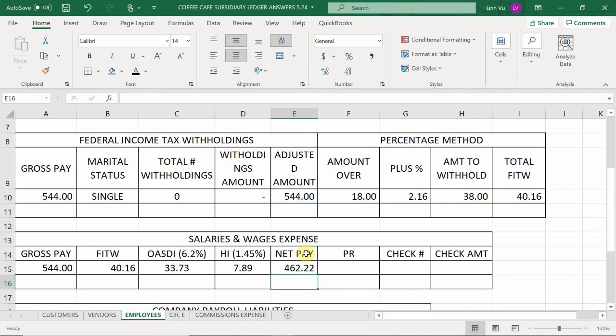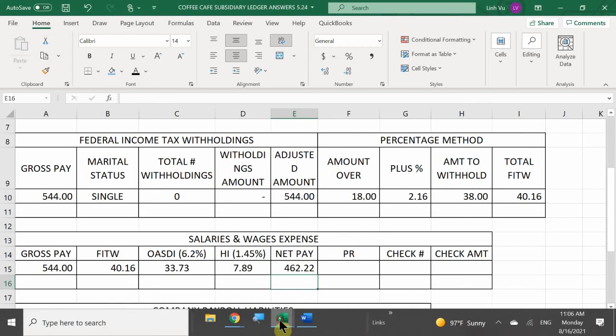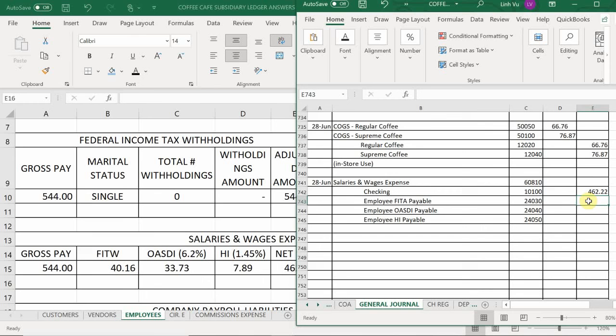I'm looking at FITW. $40.16. Good. How much was my Social Security? $33.73. And how much was my Medicare? $7.89. Okay, good.